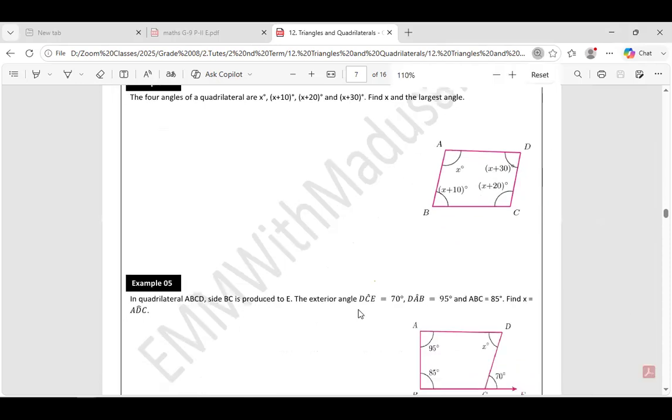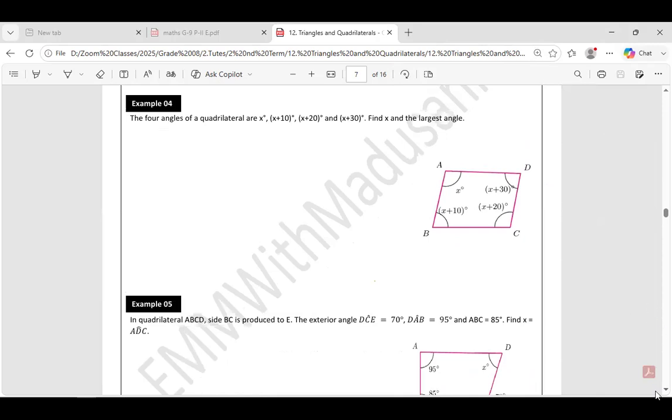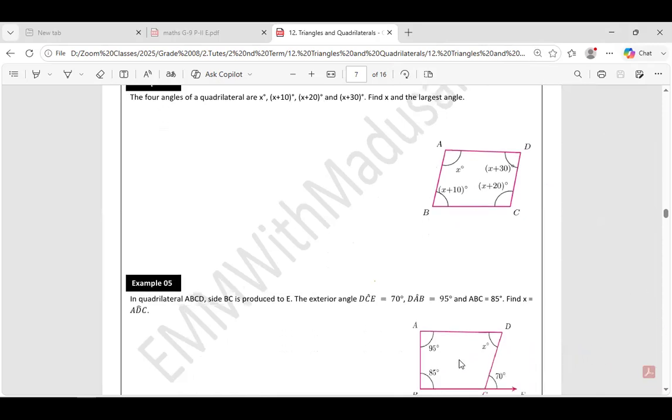The middle part is not needed. Tell me only the x value of example number 4 and example number 5.